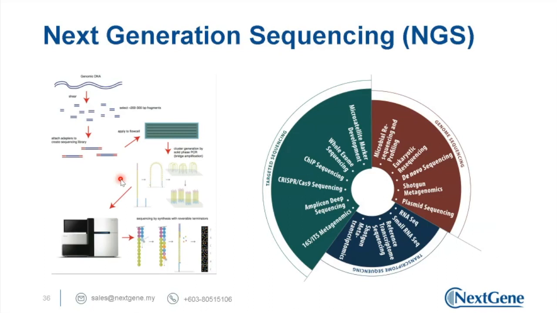Before I end, this will be a little bit about the advancement of sequencing technology, which is next generation sequencing, NGS. Compared to Sanger sequencing, where a lot of times we use PCR to generate the template, in NGS we do not need PCR, because PCR requires primer sequences and all that.